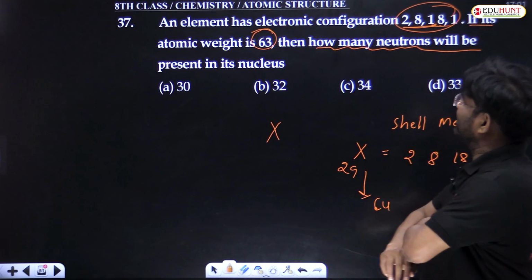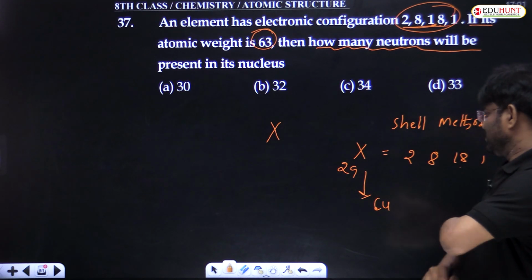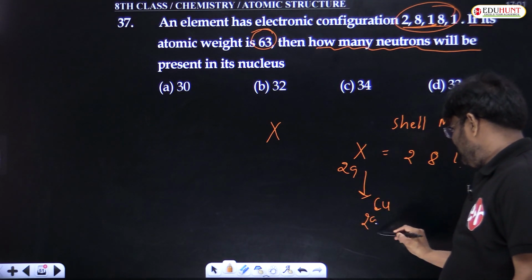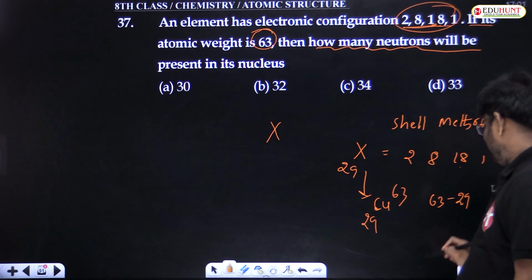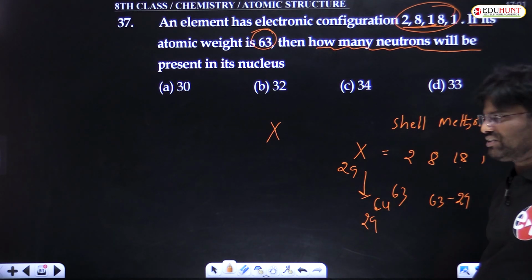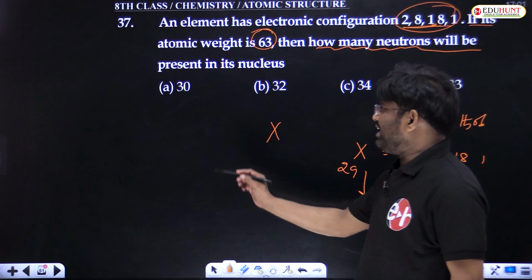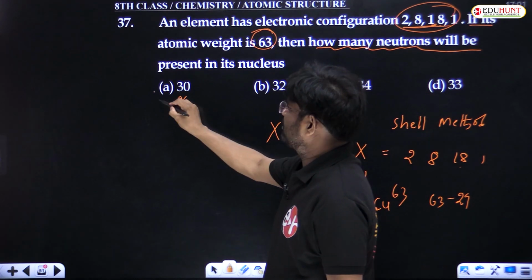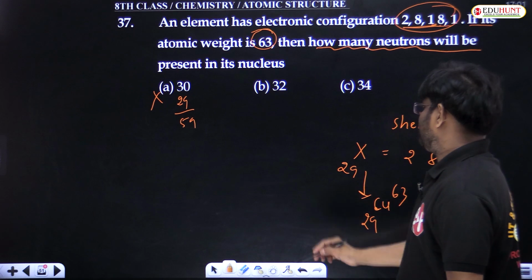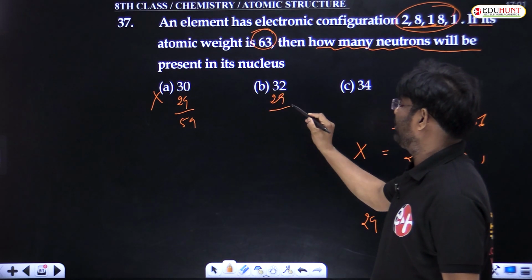Atomic weight 63 is given. He is asking for neutrons. Here 29, here 63. 63 minus 29, how much is it? If I add 29 it will become 59, this is wrong. So 32. If you add 32 plus 29, then what do you get?